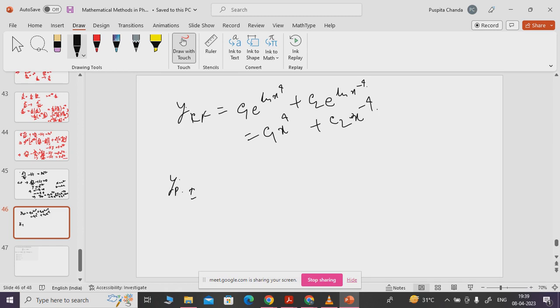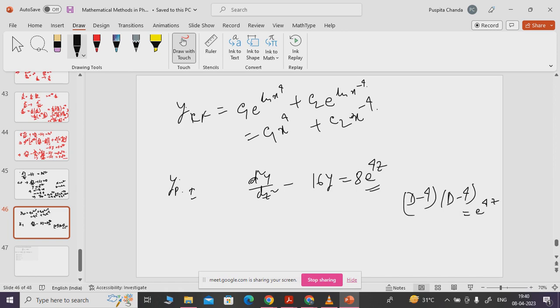Now particular integration. So here again, (D² minus 16)y is equal to 8 e to the power 4z. It is exponential, and it is (D plus 4)(D minus 4) and e to the power 4z.